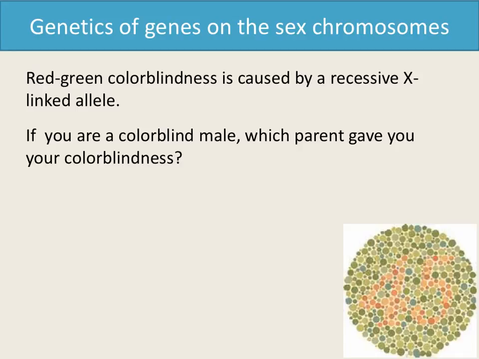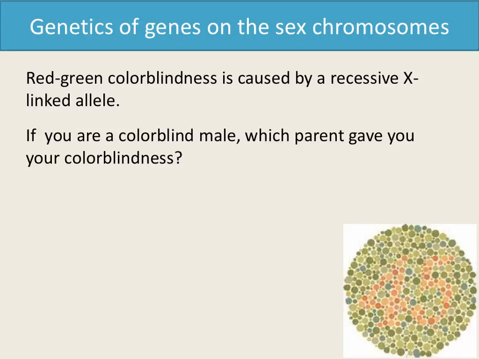So, if you are a colorblind male, which parent gave you your color blindness? Well, color blindness is on the X chromosome. So you got your X chromosome from where? Your mom.